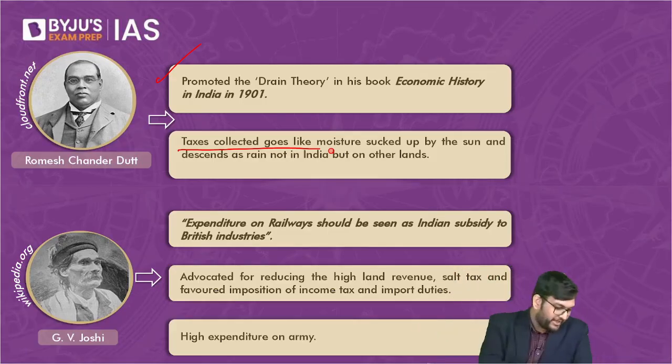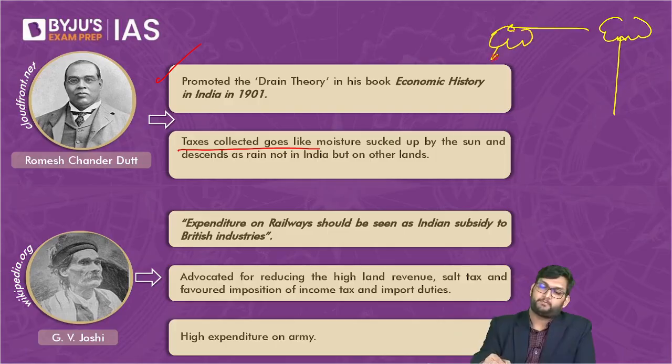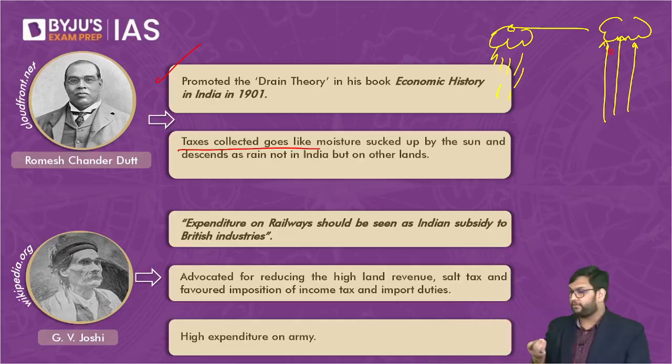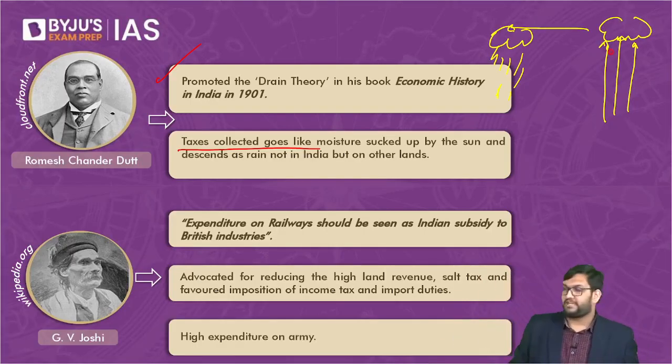So he's actually arguing that the taxes get collected from India, so the cloud of taxes is created. Rather than that cloud raining on India itself, it goes to England and then rains. So the moisture, which is the money, is taken from India and very beautifully taken through different channels to England.